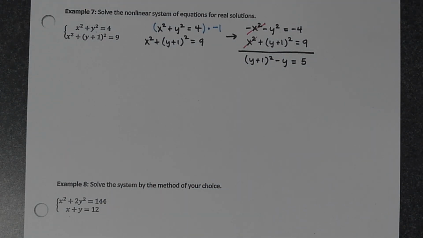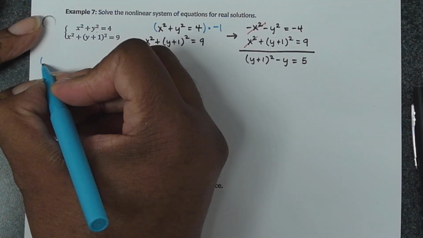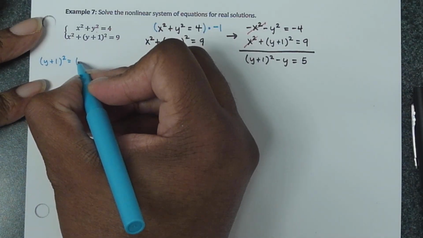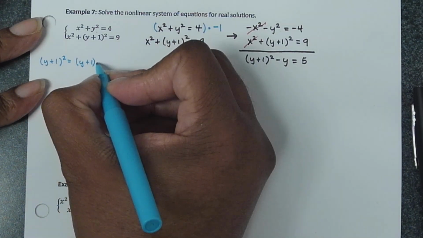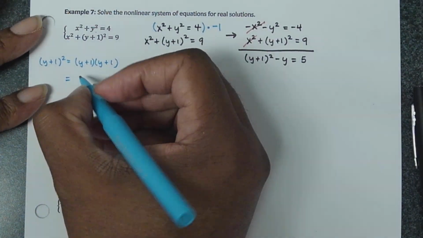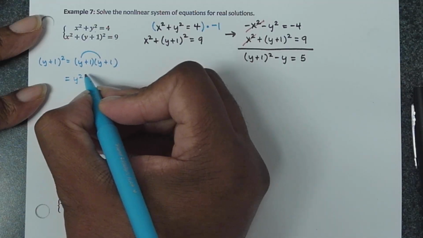And that y plus 1 quantity squared, I'm going to multiply that out using the FOIL method. That y plus 1 is used as a factor 2 times, so I'll write that out twice. Here y times y would be y squared.